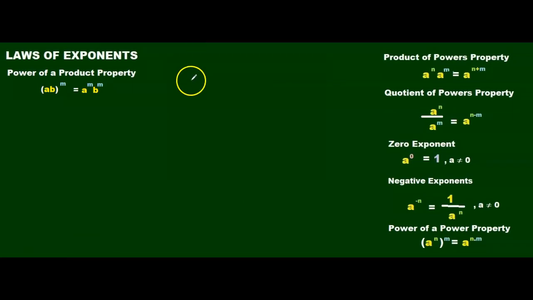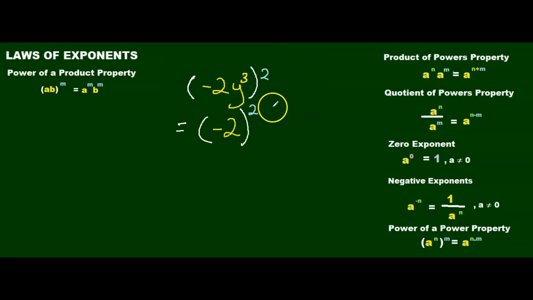Let's say we have negative 2y cubed to the power of 2. Remember, our exponent on the outside is distributed among each of the terms on the inside. So we're left with negative 2 squared times y cubed squared. Now, if you notice, I put parentheses around each of my terms.